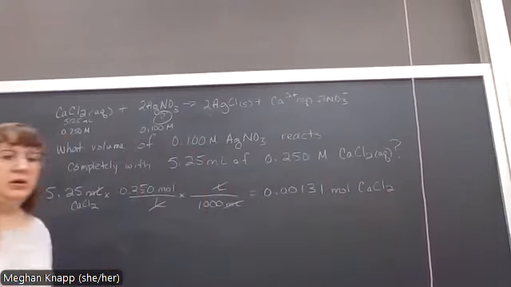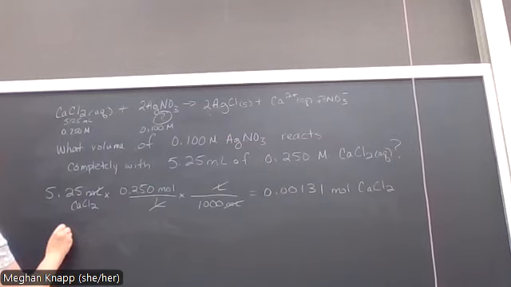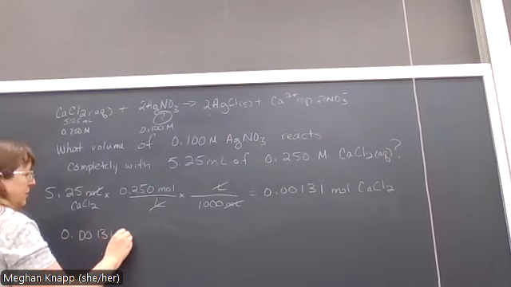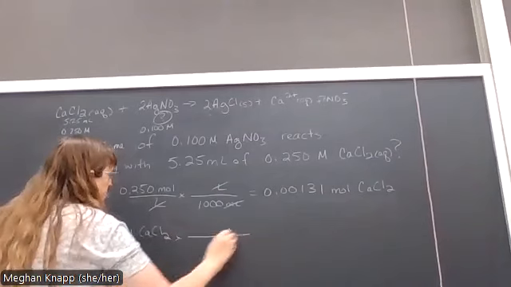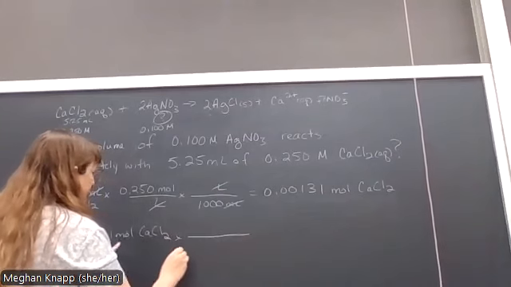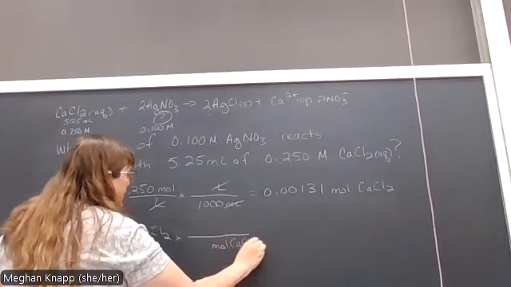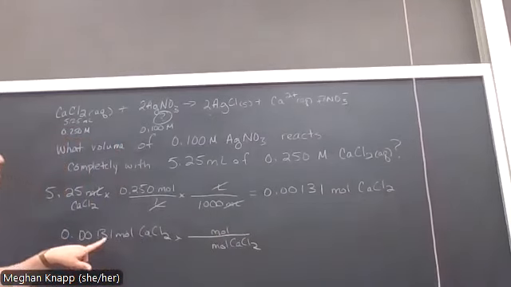Step 2, now I'm at the box at the bottom. That's my stoichiometric factor or my mole to mole ratio. So 0.00131 moles of calcium chloride times, I want moles of CaCl2 on the bottom, moles of my unknown on top.